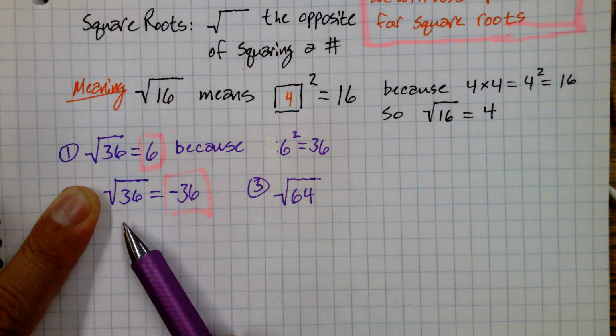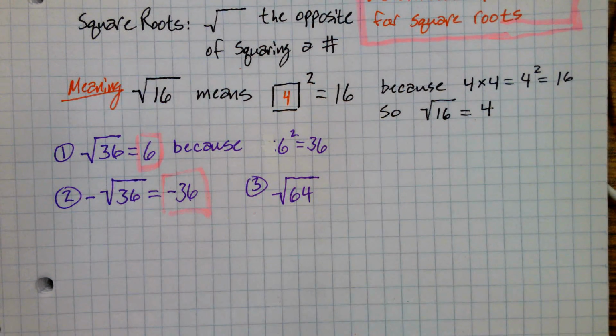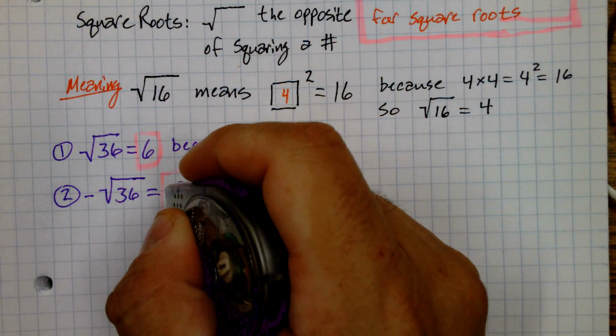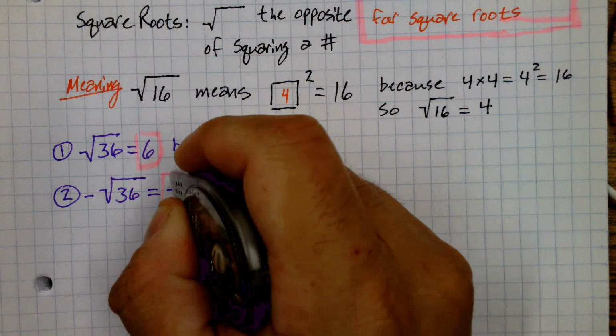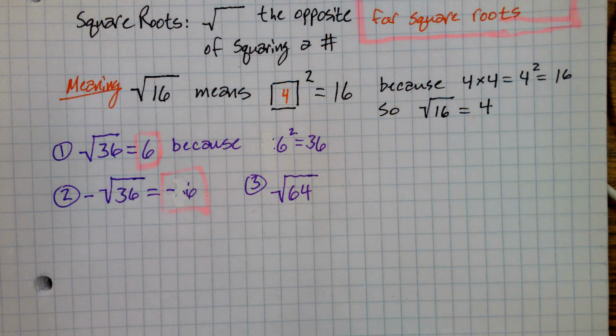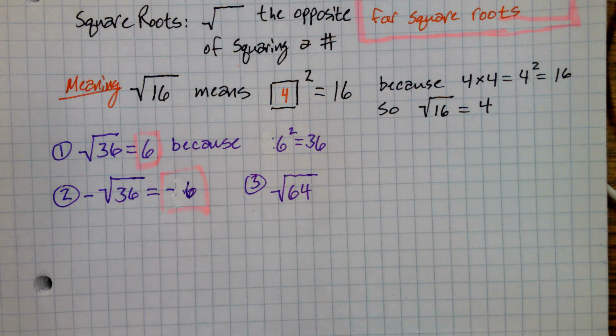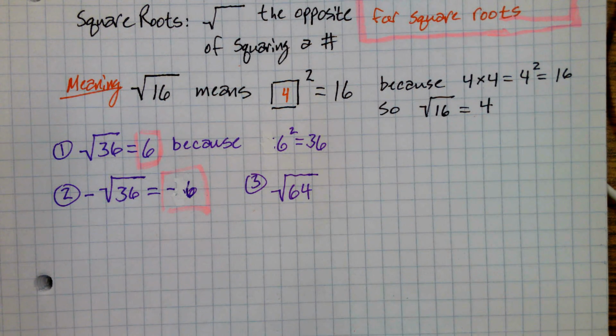You do whatever the operation tells you, which is the square root of 36. Oh, 6. I see. I did that again. I apologize. It's negative 6. I see what you're saying. I apologize. It's negative 6.